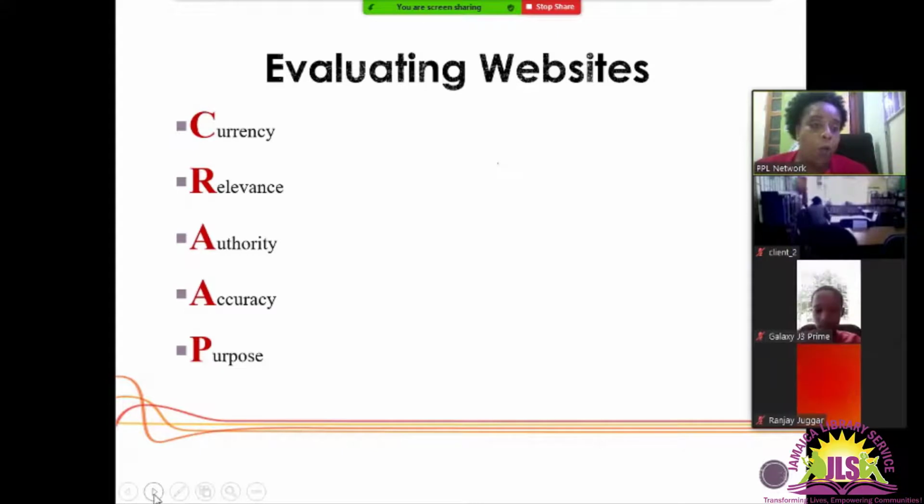Accuracy. How accurate is the information? And the purpose of the article or the website, because some websites are there to persuade you to come onto their side. Some websites are there to give you information that you really need.